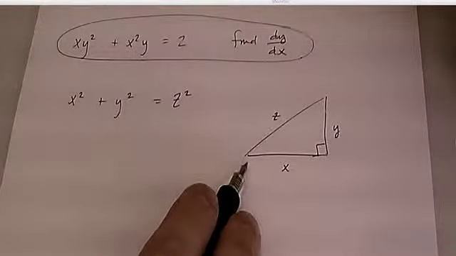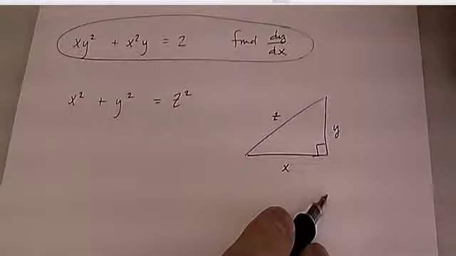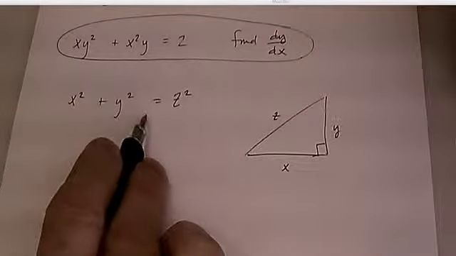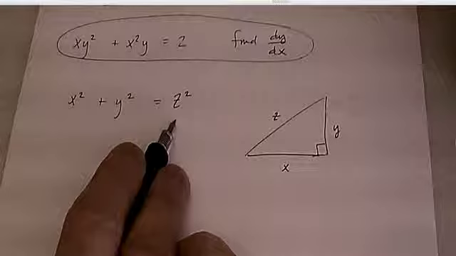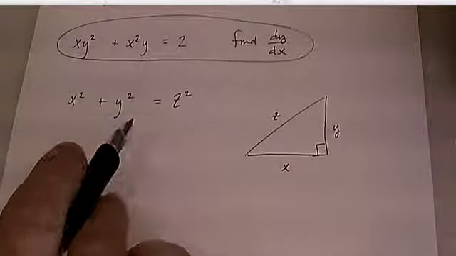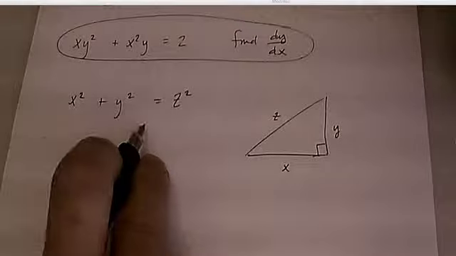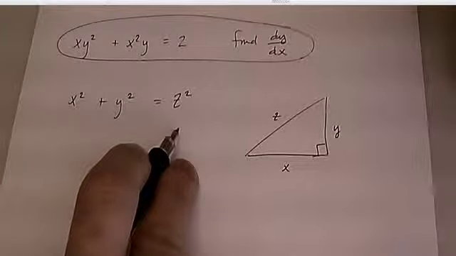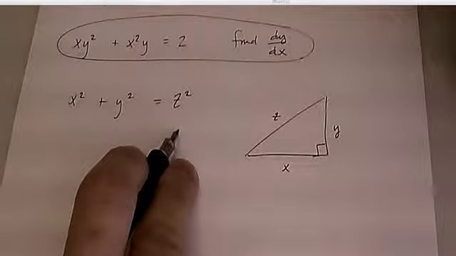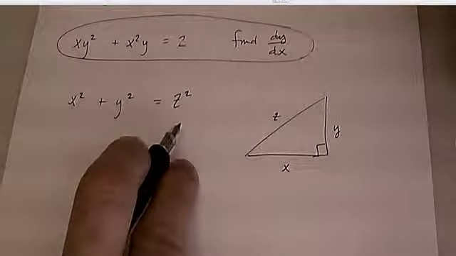Okay? So the rates of change will be related in a way similar to the sides, the magnitude of the sides being related, hence related rates. Okay? So almost every single related rate problem, I can't think of a counterexample right now, is with respect to time.